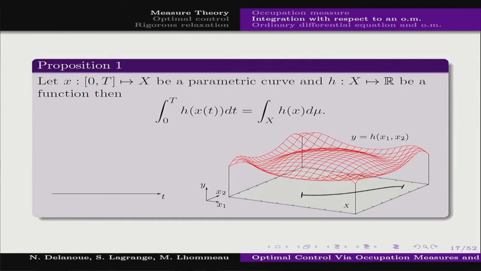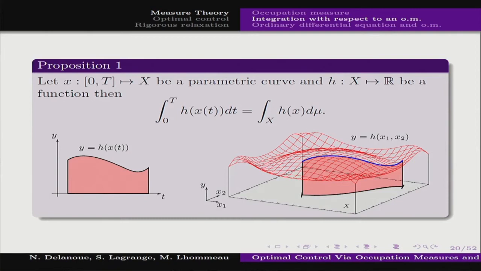What I want to compute is some kind of area under the graph of H, and it is not very difficult to show that this is equal to this area here, where y depends on t. You just compose your two maps. So this is the first proposition.